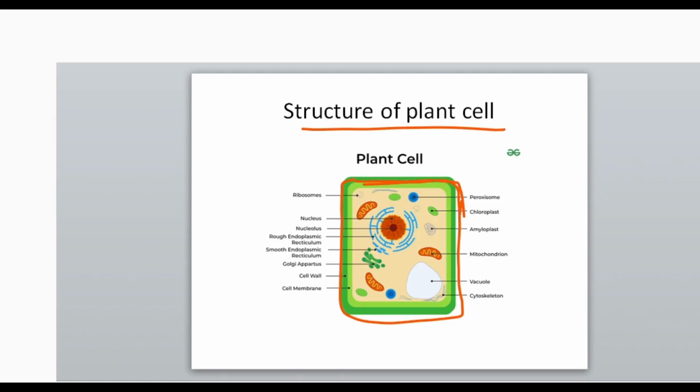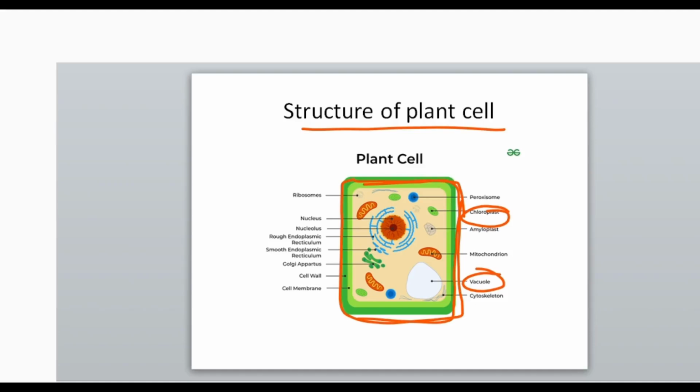You can see this one is rectangular in shape. In the plant cell, you can see the vacuole is big, unlike the animal cell. Then there is also the presence of chloroplast, which is not found in the animal cell. So these are some of the differences between the two of them.